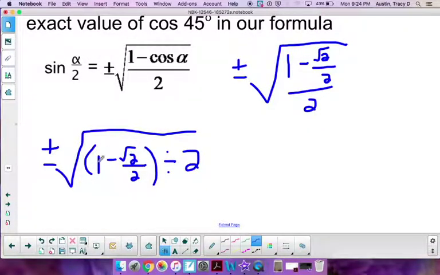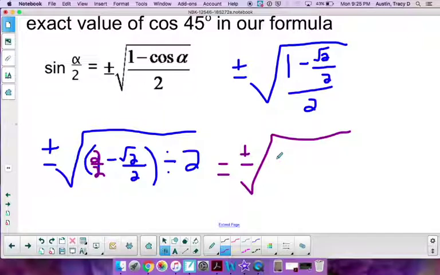Okay, common denominator over here is going to be 2, right? So this 1 basically gets replaced by 2 over 2. That's what it equals. Okay, so we now have, again, plus or minus, since we don't know what it is yet. That'll be 2 minus root 2 over 2.